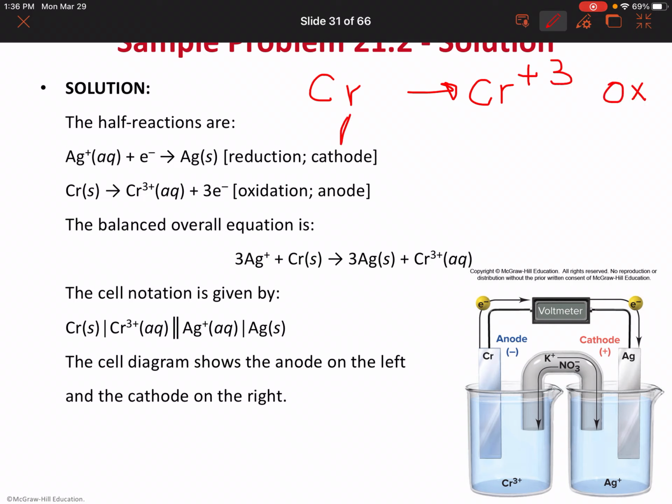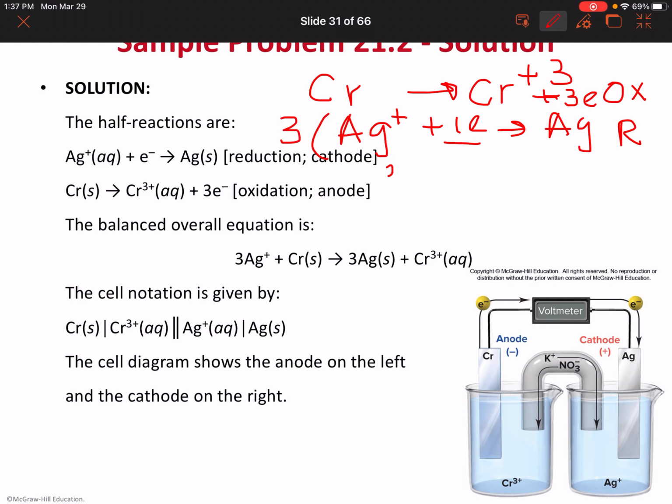For the reduction, silver ions taking an electron become silver, 1 electron. Chromium loses 3 electrons. To make it equal, you have to multiply this by 3. That would make it 3 silver plus, 3 electrons, 3 Ag solid.